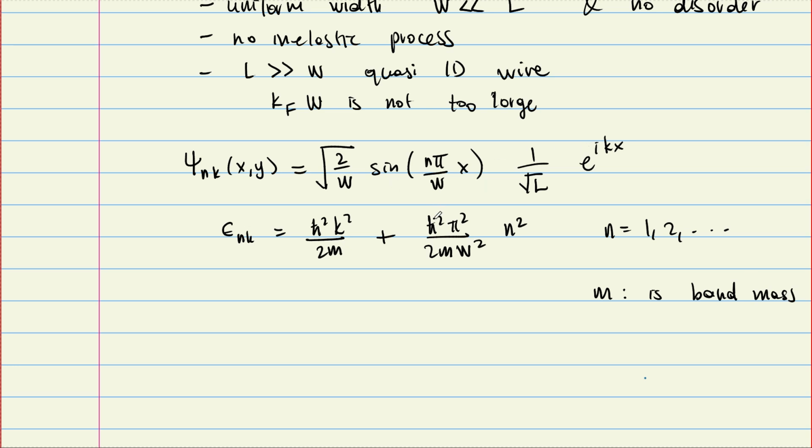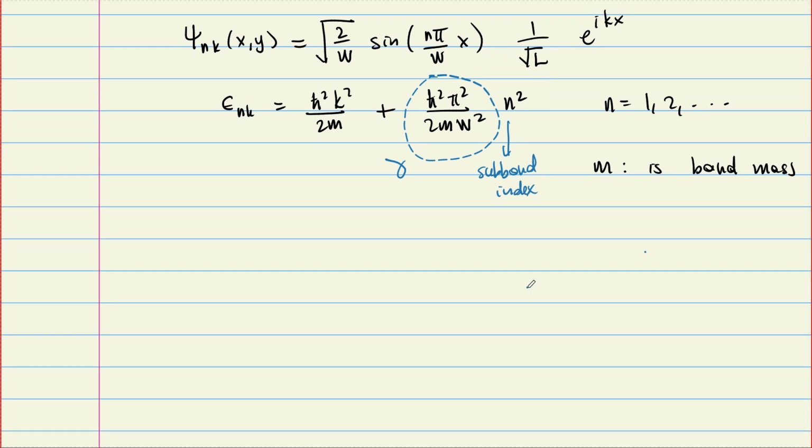So for brevity, I'm going to call this factor gamma, and this n we are going to call the subband index.